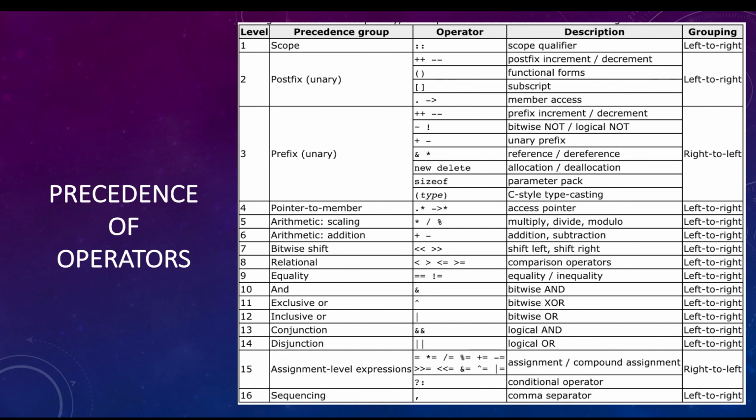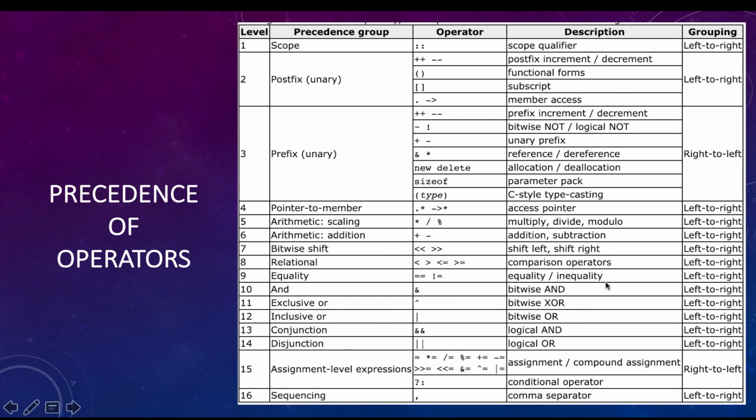Going down the list, you're going to see the sequencing has the lowest priority and it's going to be calculated last. Assignment-level expressions themselves come really low. And as you can see, you go up to the logical ones, then the shift ones, bitwise ones, and go up to multiplications, pointer access, and so on.